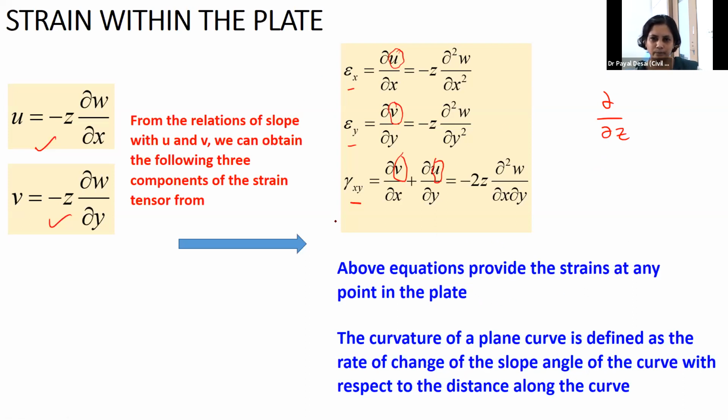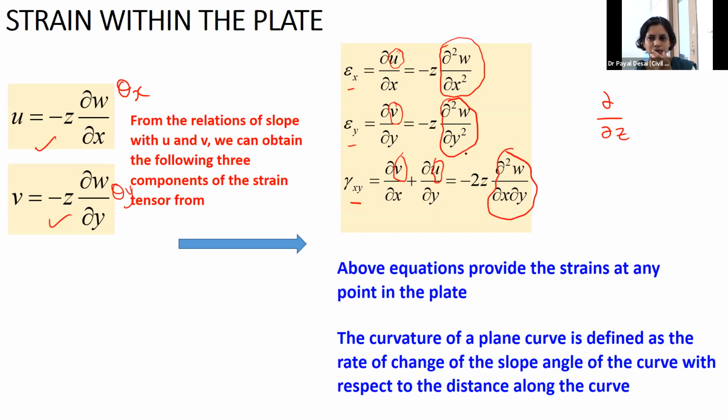So these 3 components are called strain, and this has the rotation, of course, theta. Maybe I want to call this theta x, and maybe I want to call this theta y. This is a bending rotation. I may even replace this with theta x and theta y. But what is this quantity? Now, from the observation, you may see here that there are 3 quantities which we are getting.